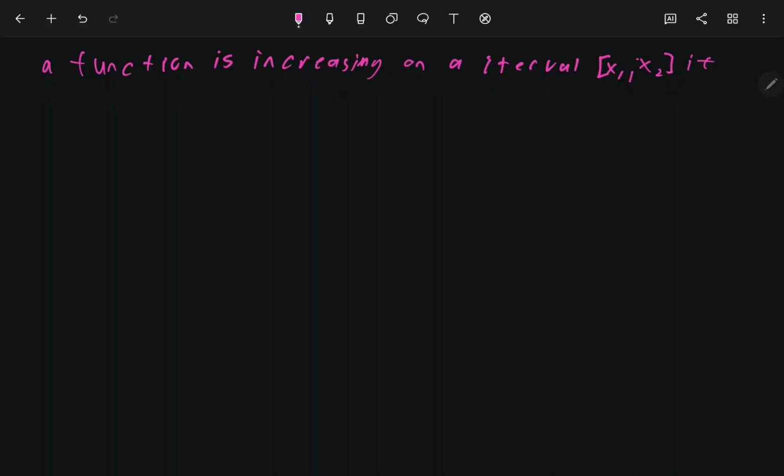If f of x1 is less than f of x2, if x1 is less than x2. So this function right here could look like something like this.